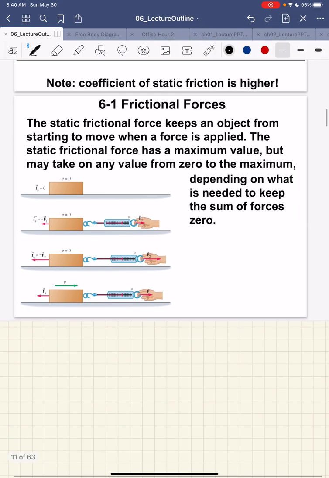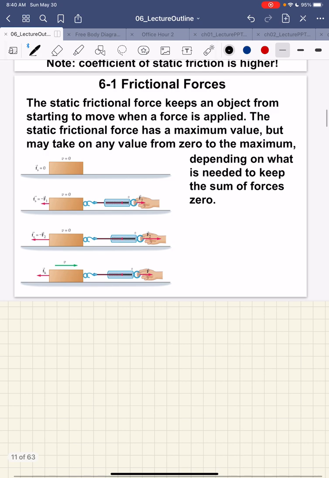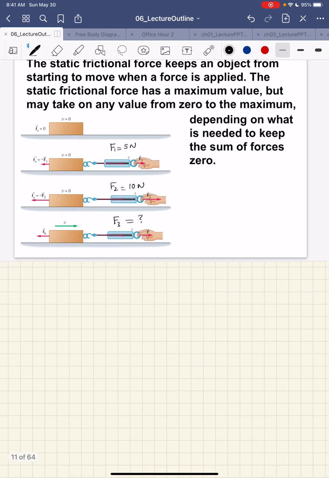I want to talk to you about a thought experiment that we have here. Let me assume numbers. Let me assume this force F1 here was 5 newtons, and F2 was 10 newtons. And F3, I don't want to give that a value now, because I'm not talking about kinetic.